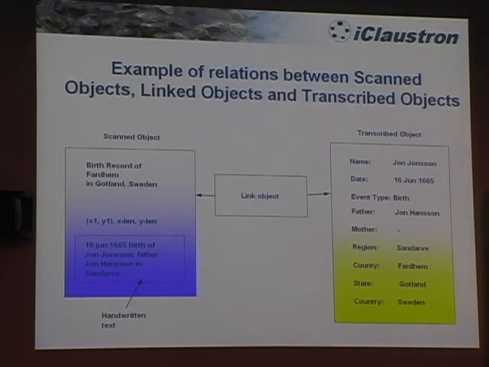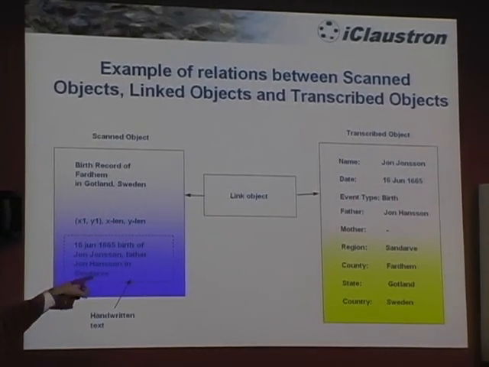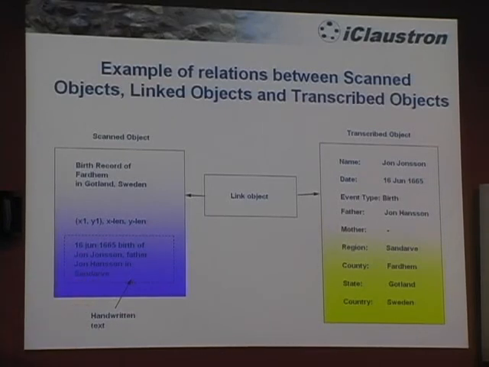But the idea with the link object is that you have the image here, and then you find, for example, your great-great-grandfather in a book, and you're very interested, and you find his birth there. Then, of course, you want to see whether anybody has transcribed any information so that you can actually read what it says, because if you try to read something from the 17th century, you will have a problem the first time.